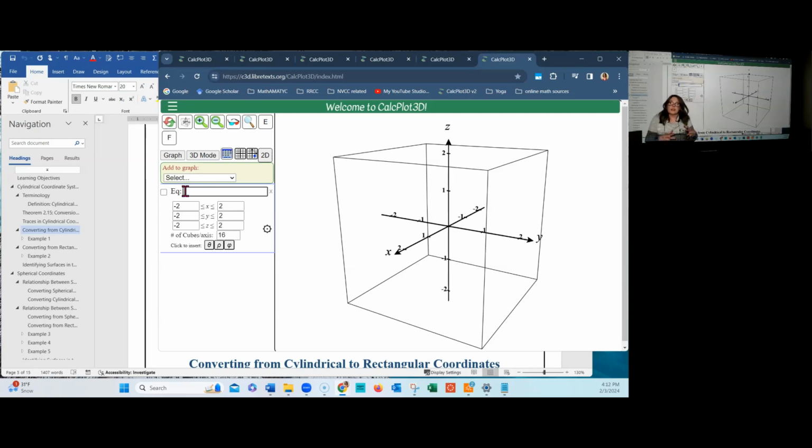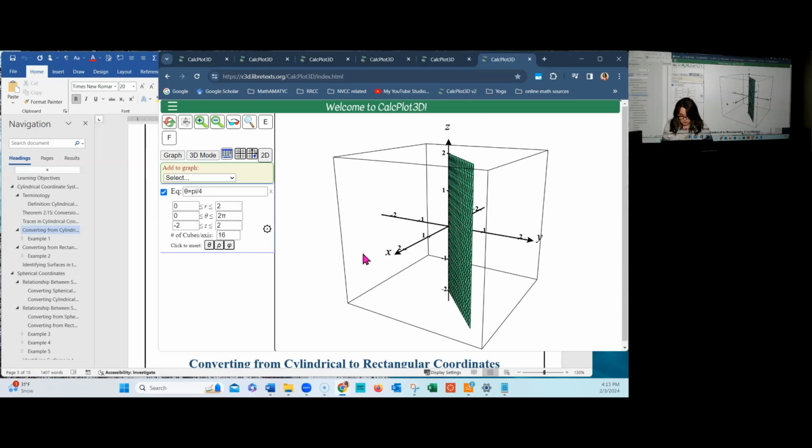I want theta equal to some constant, which is going to give me a half plane. And I want theta equals pi over 4. So I'm going to click down here where the theta symbol is, or you can type in theta. And then I'm going to enter theta equals pi divided by 4. And you can represent pi with pi, right? Remember that you have to hit enter while clicked into the box in order to get it to execute.